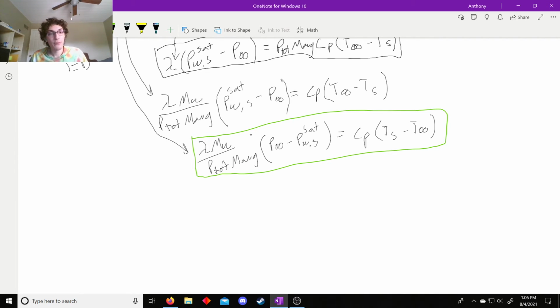Now if we were going to actually do this in real life, these values here, this is stuff we would already know or stuff we could look up. Heat of vaporization of water, the molecular weight of water, the total pressure, and the average molecular weight.